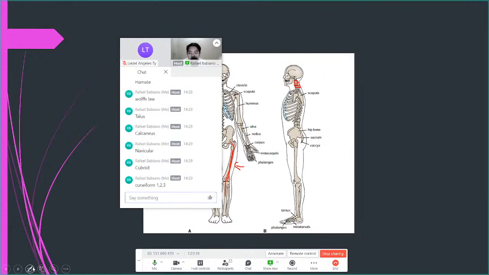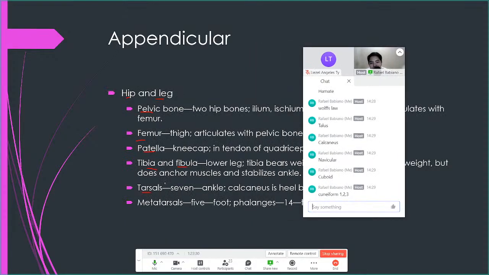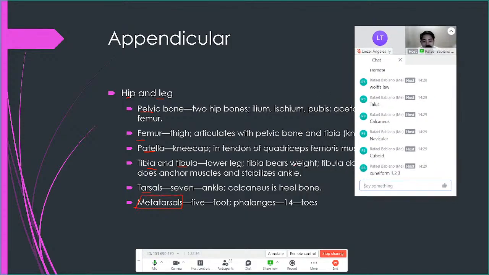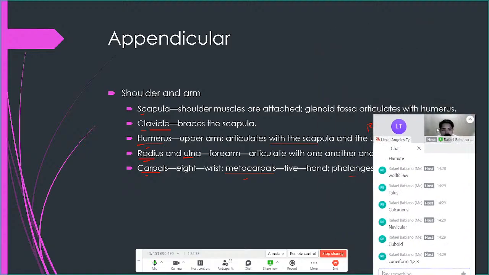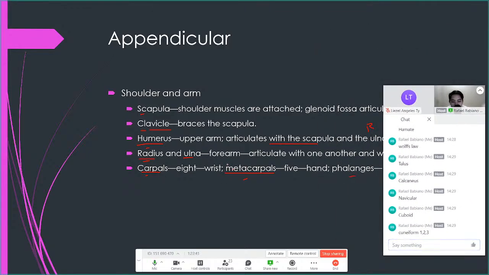And then the last part is the same. Metatarsals 5, phalanges 14 on each side. Do not be confused. It says metatarsals, tarsals because it's the foot. In the hand, metacarpals.